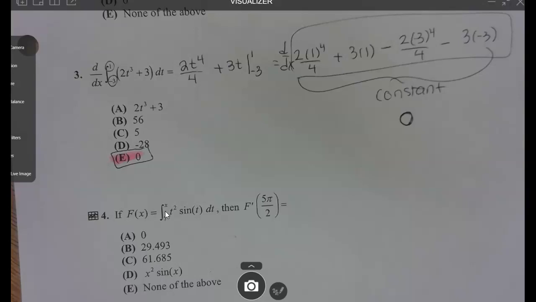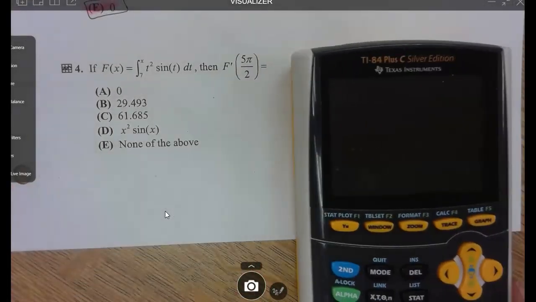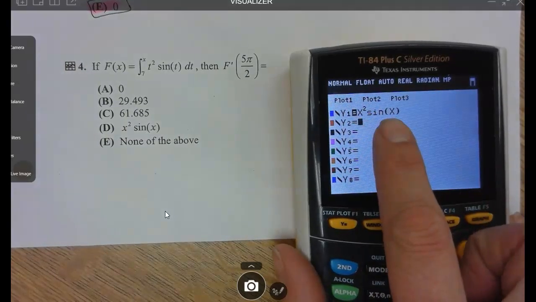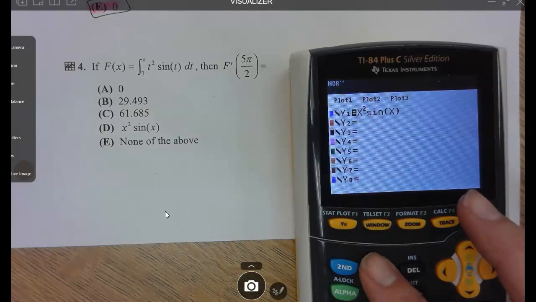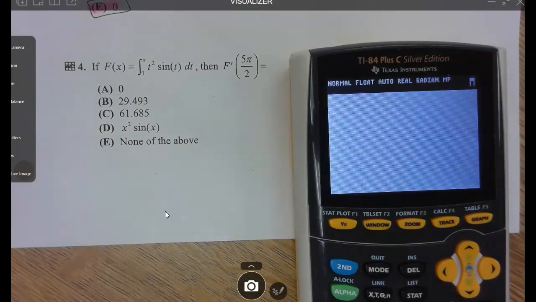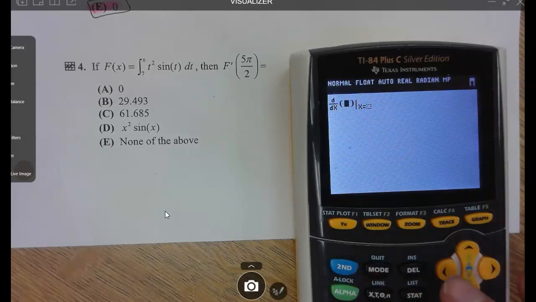Yes, ma'am. And then number 4 was a calculator question. So again, I put that function in my y1. This is the one where we had to do math 8, and you had x, and then inside there you did math 9. But when you integrated, you had to make sure you put your 7 and your upper bound as x.